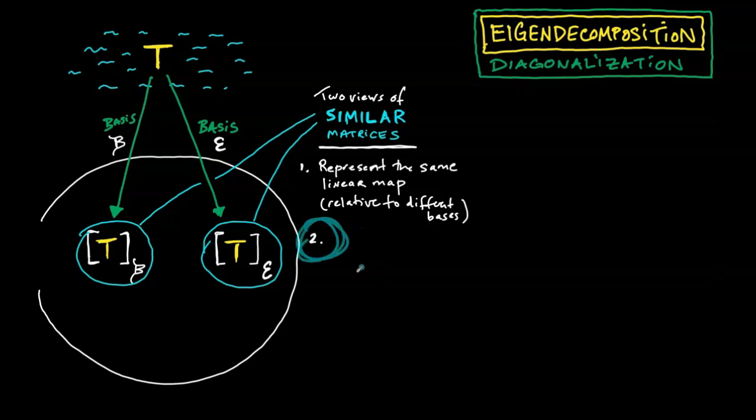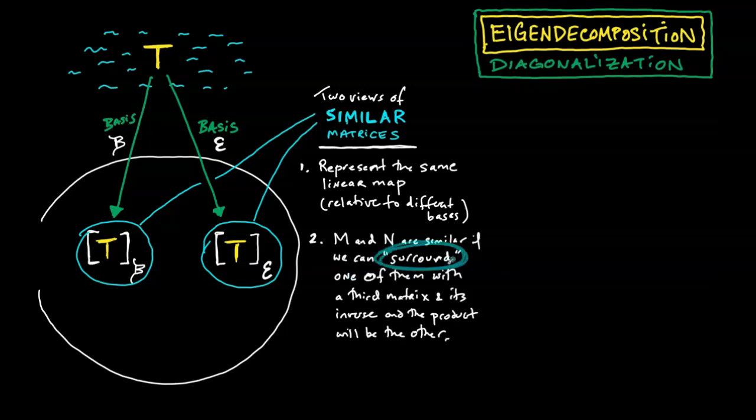But there is a second, purely algebraic view of similar matrices that is very important as well. The equivalent algebraic condition is that square matrices M and N are similar if we can surround one of them with some third matrix and the inverse of that third matrix, and the resulting product will be the other of the original M and N, I mean.